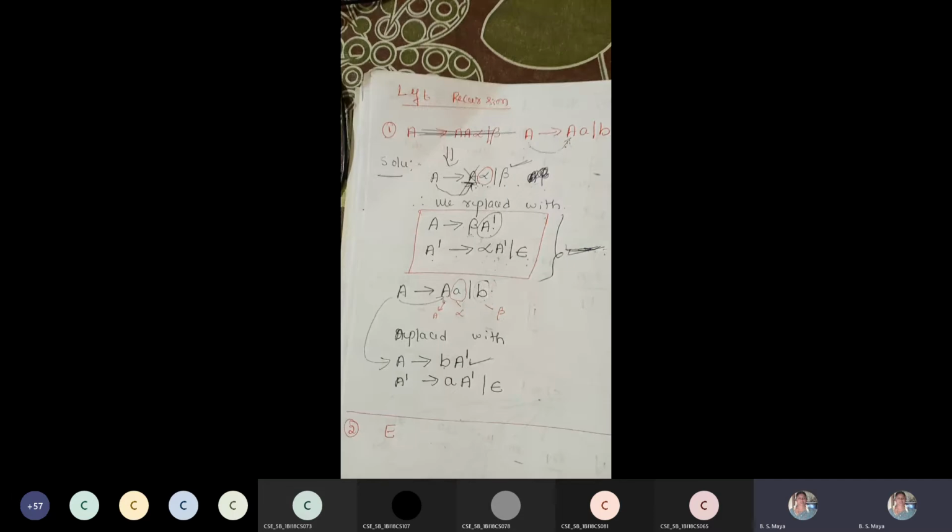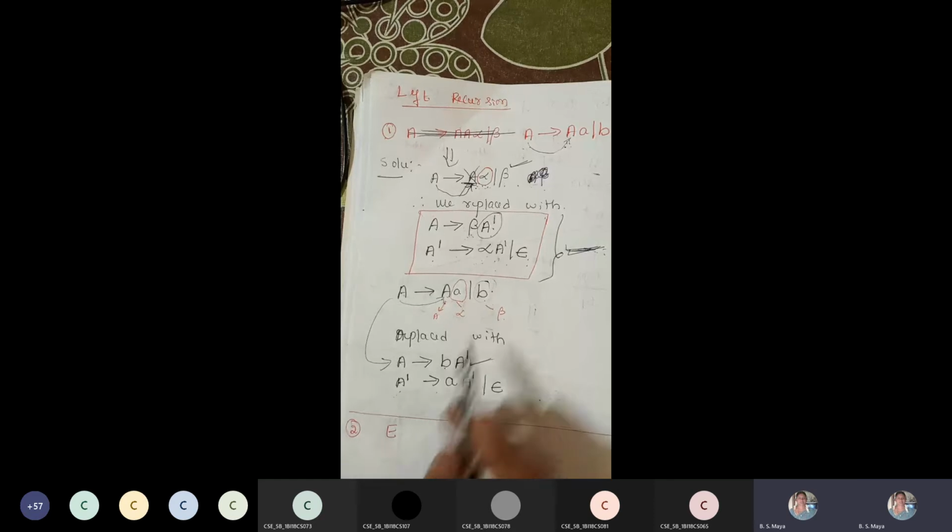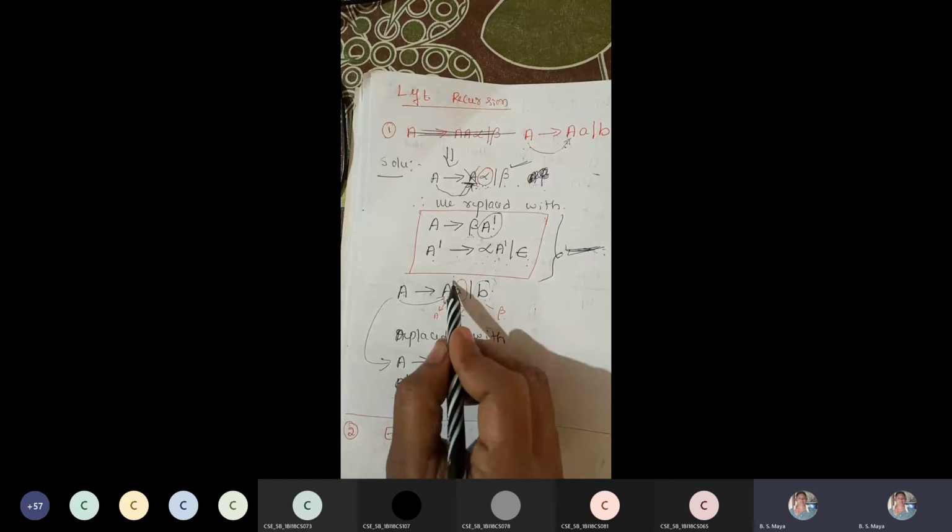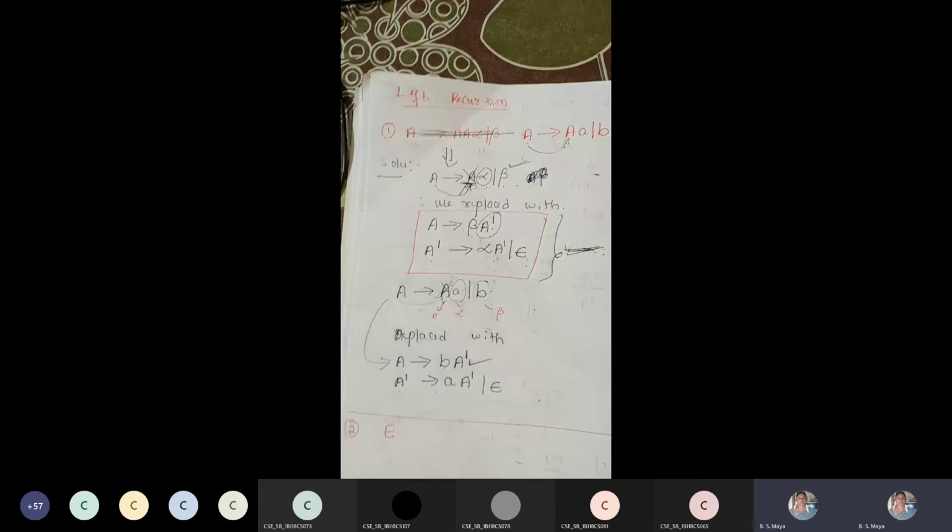Now I have to define what A dash is. A dash derives alpha. What is alpha? You leave capital A. What is remaining in that grammar? You take that as it is, and including it you should add A dash also: alpha A dash or epsilon.